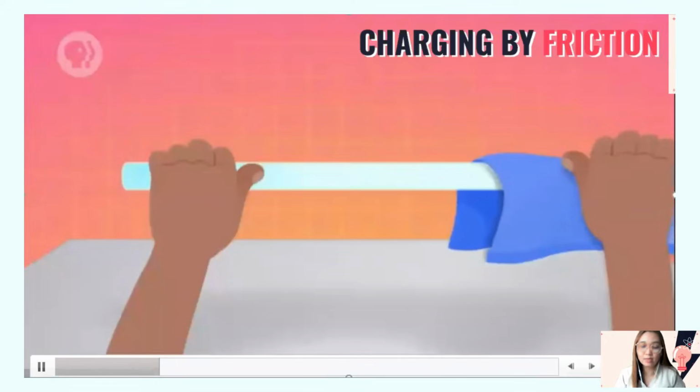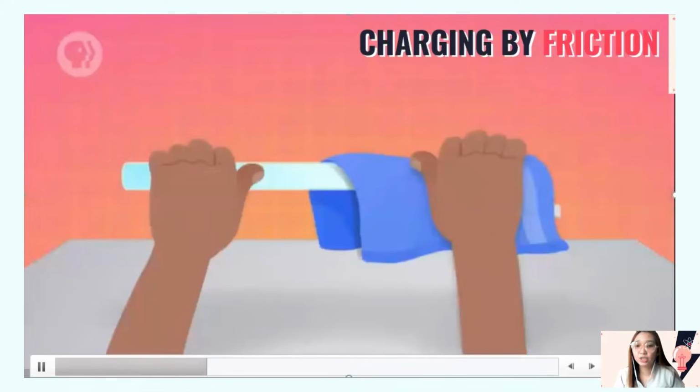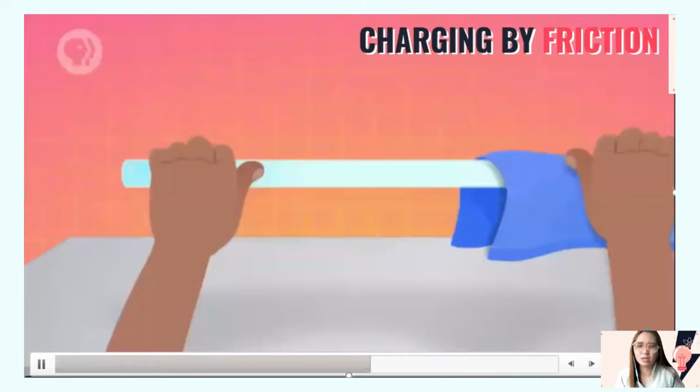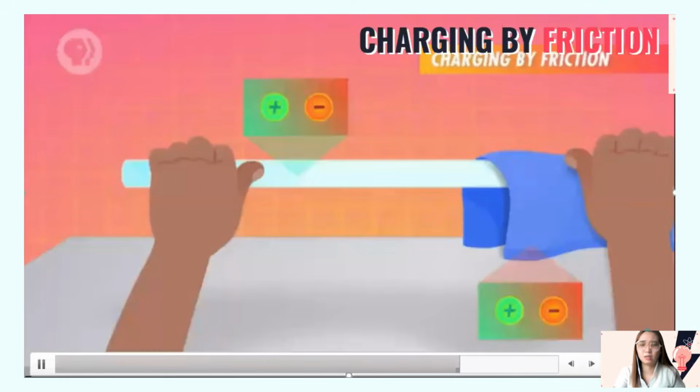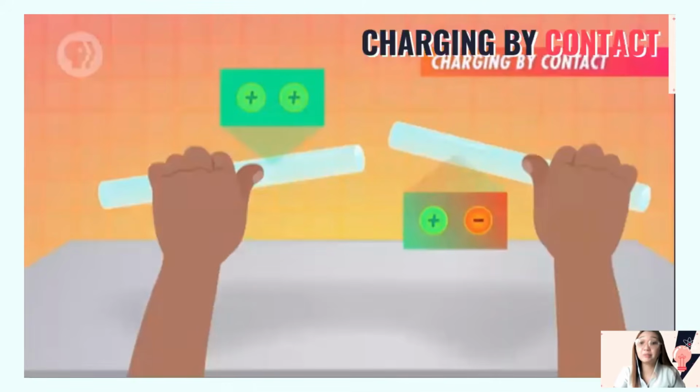Second charging method is charging by contact. From our previous example kanina, di ba lumipat yung mga electrons papunta sa wall from the rod.